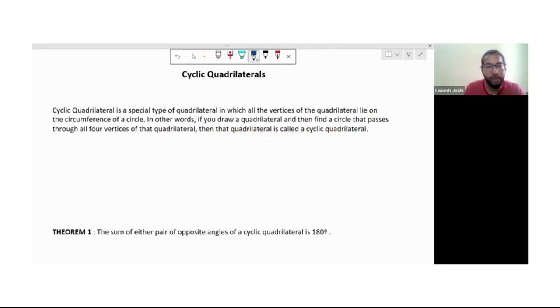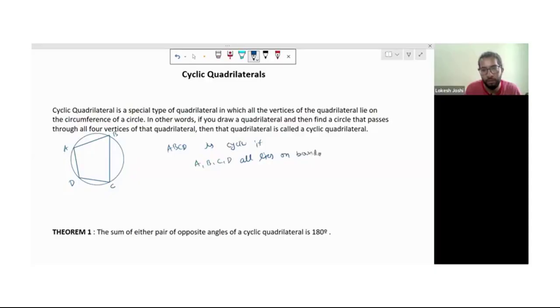So let me define this geometrically. Suppose this one is the circle, and if I make any quadrilateral like that, let us say its name is A, B, C, and D. So the quadrilateral ABCD is cyclic if the points A, B, C, and D all lie on the boundary of the circle.